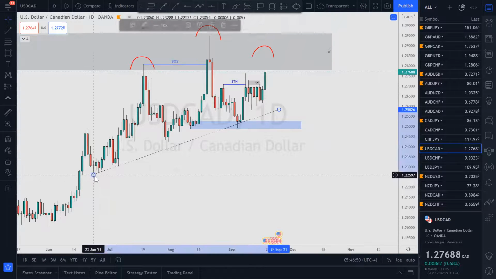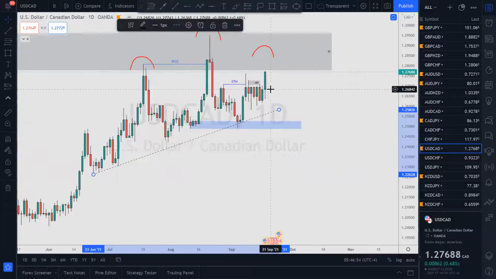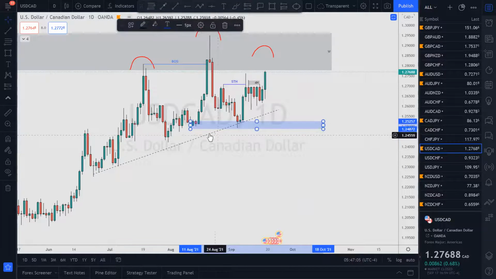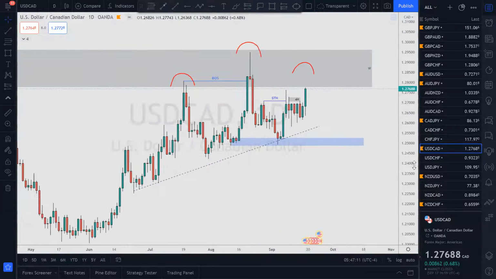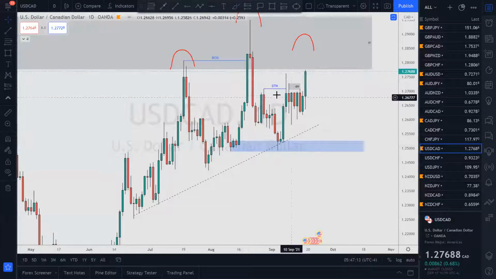We have a magic trend line showing that price has been respecting this rise as this diagonal support shows, and we have a bullish order block down here, a daily bullish order block here, and you can see the tight trading range that price was in before Friday.